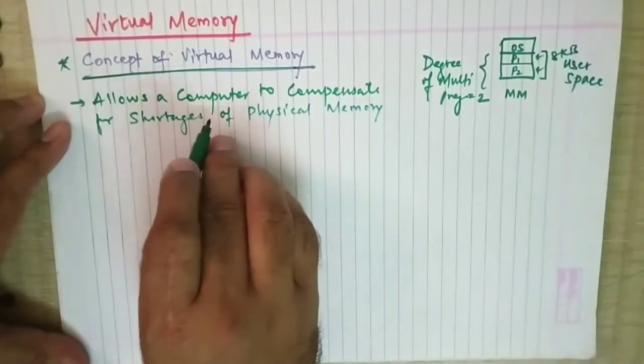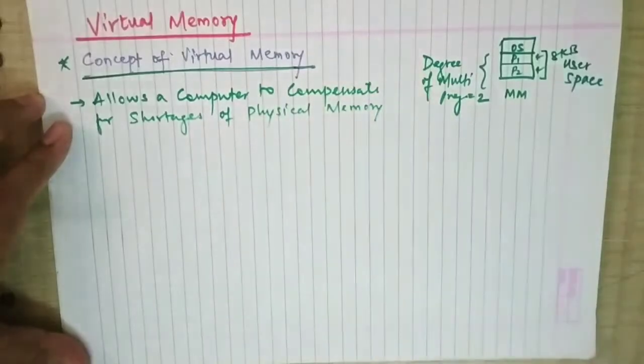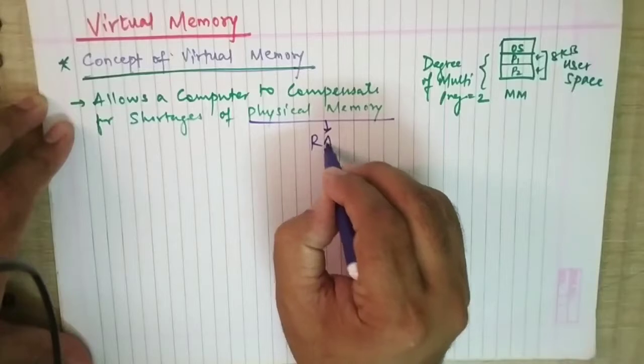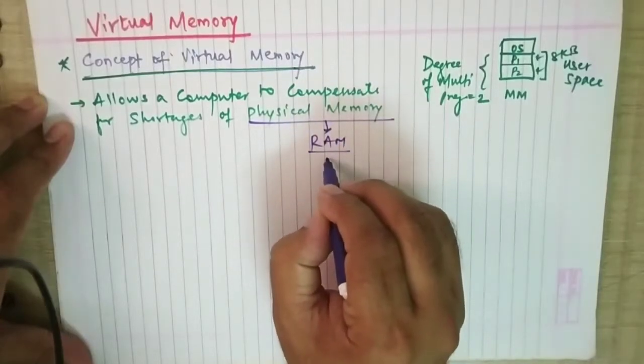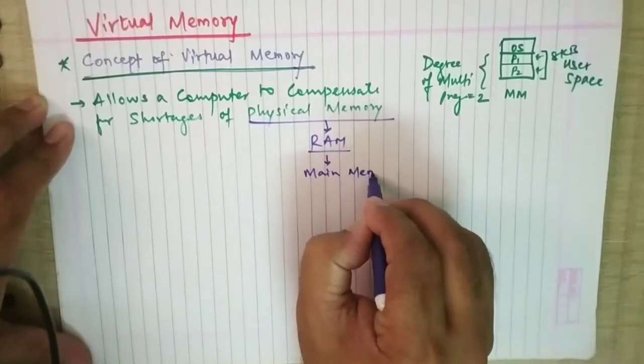So it allows the computer to compensate for shortages of the physical memory. Basically your physical memory is nothing but your RAM, and your physical memory RAM is nothing but your main memory.